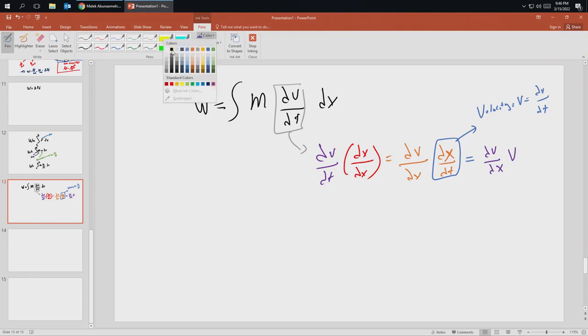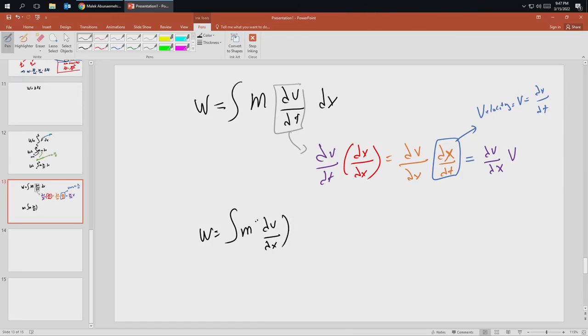Substituting this back, this is going to equal your mass, since dv over dt we said is dv over dx multiplied by the velocity, dx. And what a coincidence, our dx's cancel out. So this is going to equal the integration of your mass times your velocity times dv.